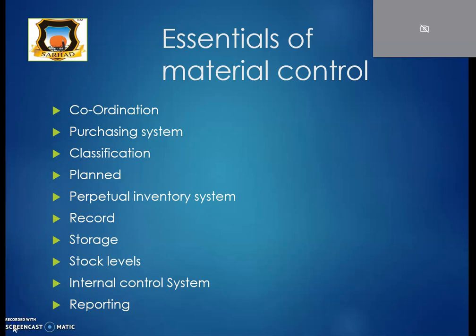A good system of material control always gives advantages to the organization. It eliminates waste in the use of material and reduces the risk of loss from fraud and theft. It helps in keeping perpetual inventory and other records to facilitate the preparation of accurate material reports to the management. It also reduces the capital tied up in inventory.